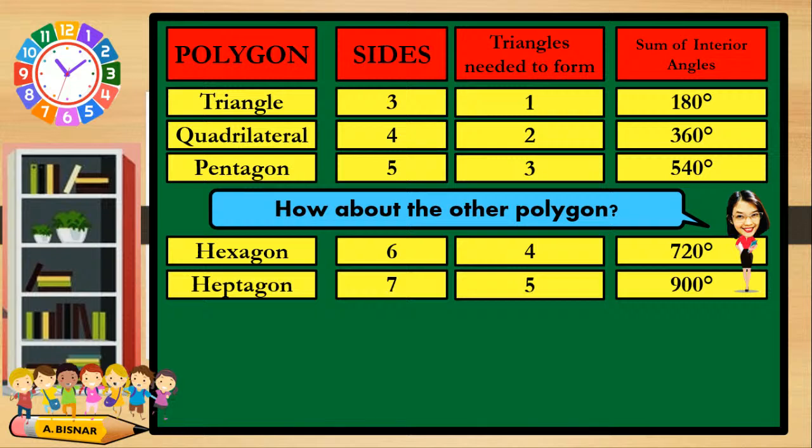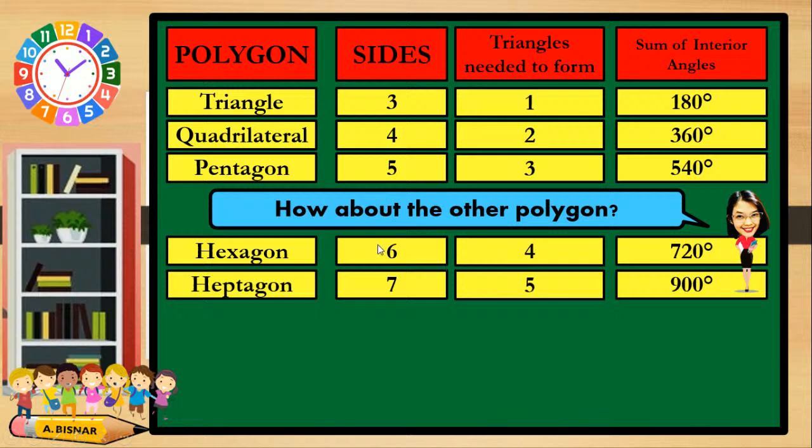Now, how did you get your answers? Paano nyo nakukuha yung sagot nyo? For example, do you see any pattern with the sides and the triangles? Halimbawa, if you have 3 sides, then you only need 1 triangle. 4 sides, then you need 2 triangles. 5 sides, you need 3 triangles.